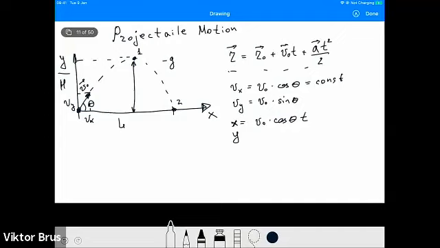Then let's check what is happening with coordinate y. So what do we have? The initial position is also 0, so we skip that part. Then we have v naught multiplied by sine theta multiplied by t, and minus g t squared divided by 2.